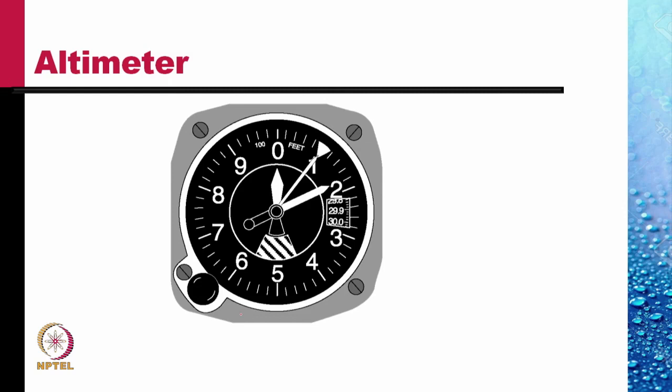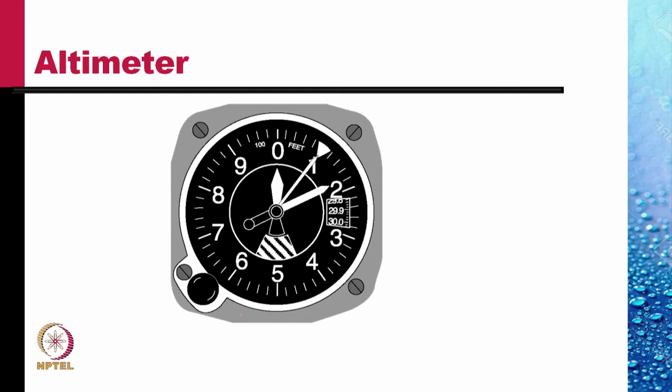But it is calibrated into altitude in meters or altitude in feet by using the equation that we obtained earlier. The 3 needles will tell you what is the altitude from the given datum.